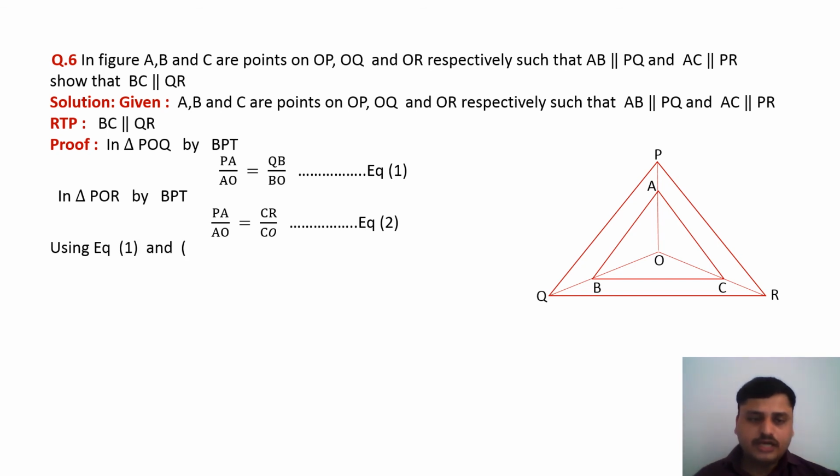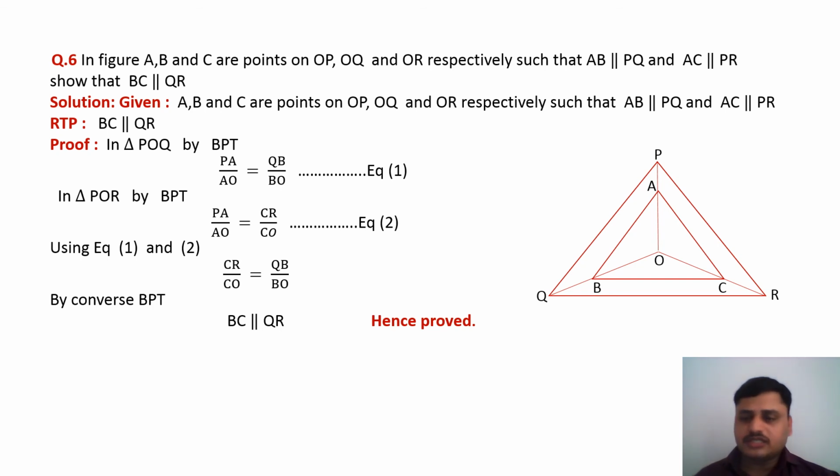Using equation 1 and equation 2, PA by AO will be cancelled, so CR by CO is equal to QB by BO. So by converse BPT, if side ratios are in proportion, BC is parallel to QR. I think till this it is clear to you all.